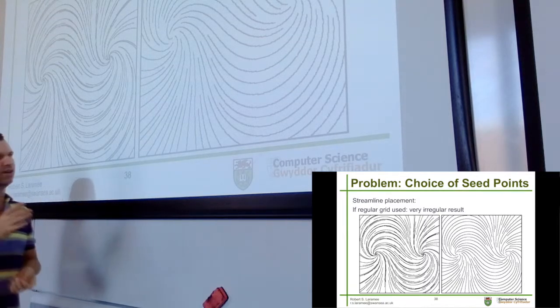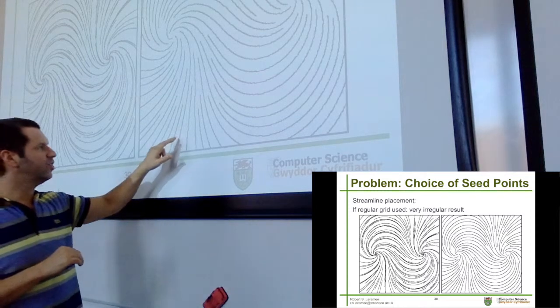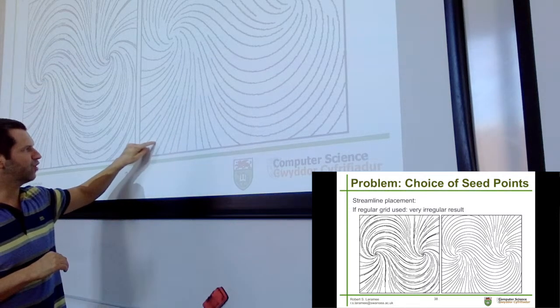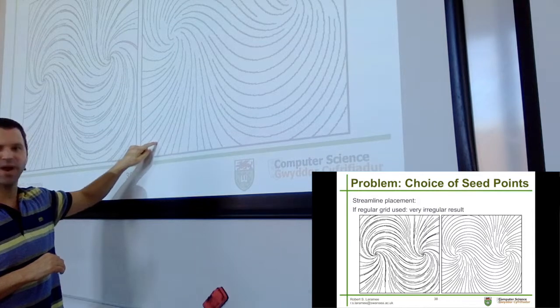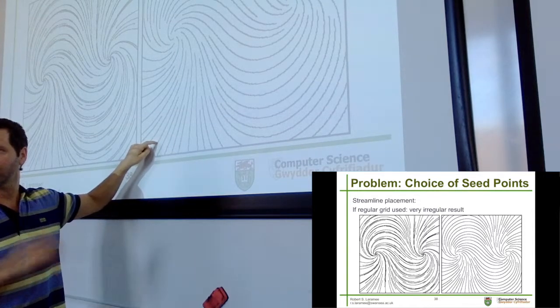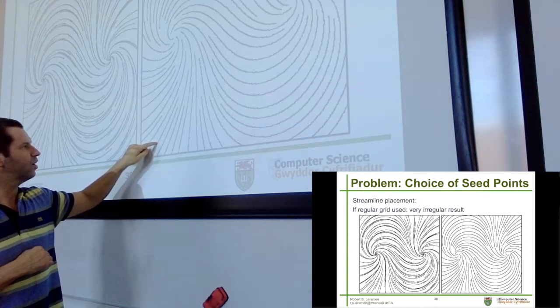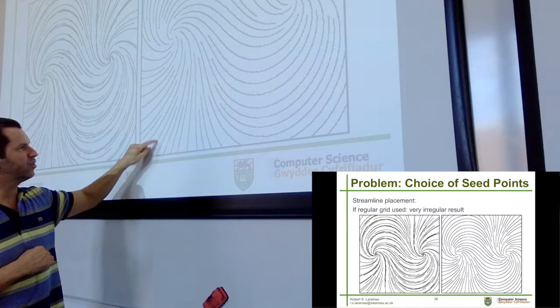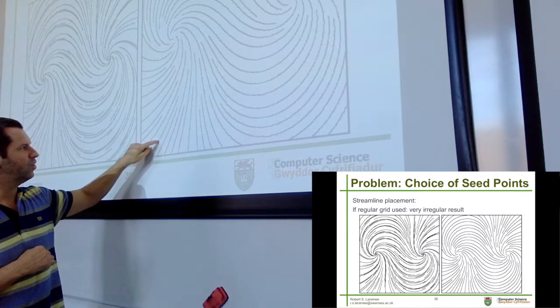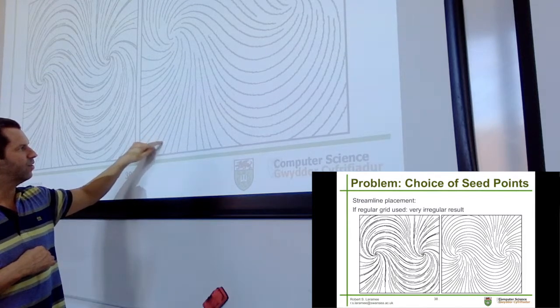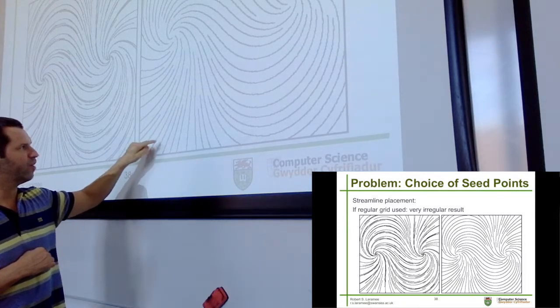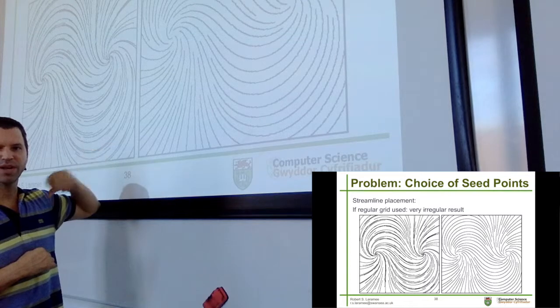They have no awareness of each other. The essence of this one is that streamlines, when they are traced, are aware of other streamlines. That's the essence. If you want to get an image that looks like this, you have to create some knowledge that says, I know where my neighbors are, like where are my neighboring streamlines.